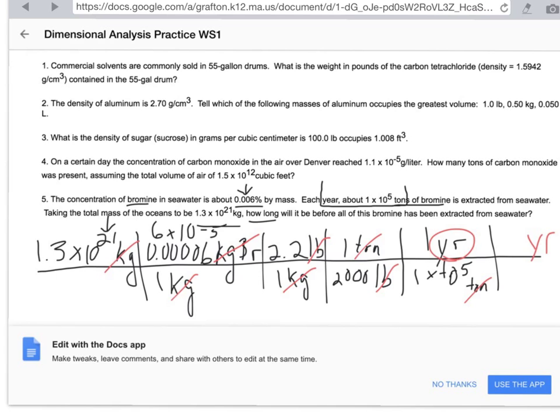We got 21 and a negative 5, so that's going to be 7.8 times 10 to the positive 16th. If we multiply that by 2.2, 7.8 times 2.2 comes out to be 1.71 times 10 to the 17th.